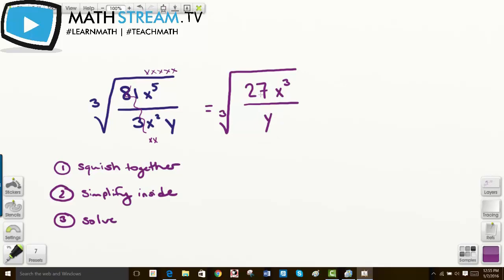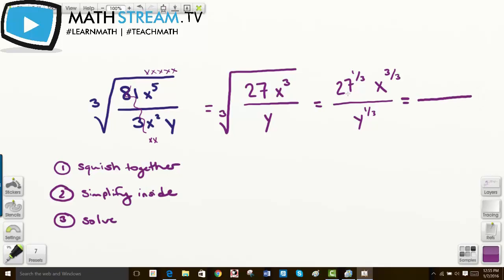Okay, this is the part where I want us to write everything according to a rational exponent, not roots. So we would have 27 to the 1/3 power. We'd have x cubed to the 1/3 power, but if we take a power times a power, we multiply, so that would be 3 over 3, 3 times 1/3. And then y to the 1/3 power.